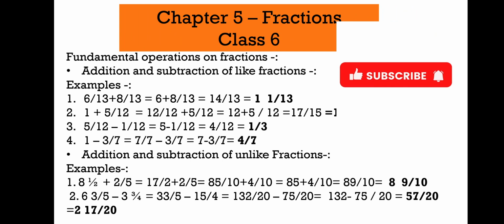So we get 132 upon 20 minus 75 upon 20, which are the equivalent fractions with the same denominator. 132 minus 75, we now subtract the numerators, and that will give you 57 upon 20, which is a mixed fraction written as 2 17 upon 20, because 2 20s are 40 and 17 is the remainder.